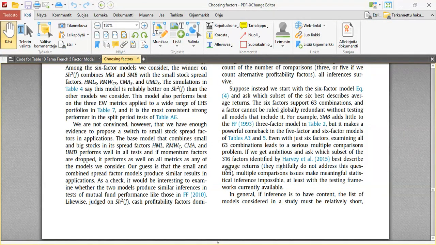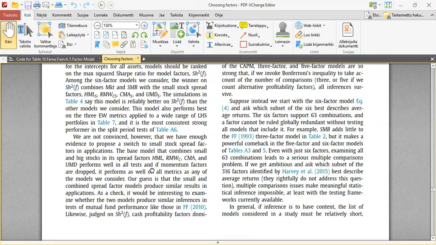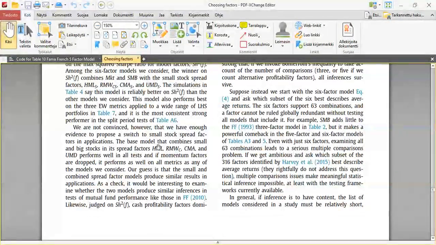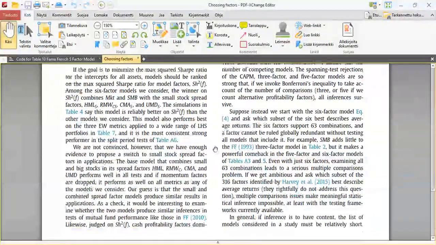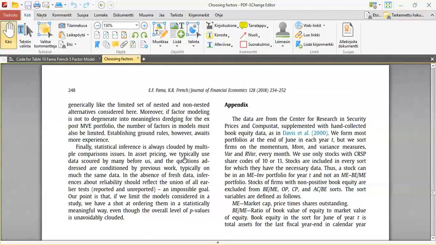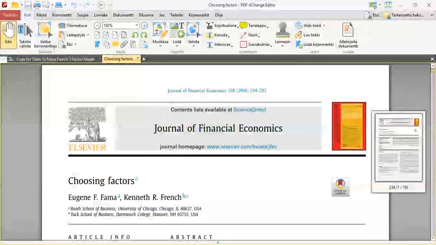So one should be careful which models or which factors one includes in the search for a factor model. So this is all that we are interested in concerning this paper, choosing factors.